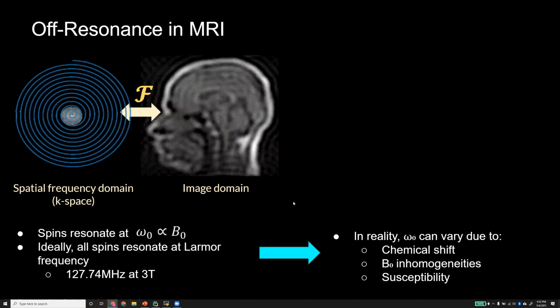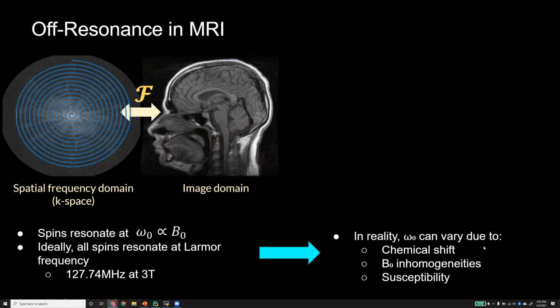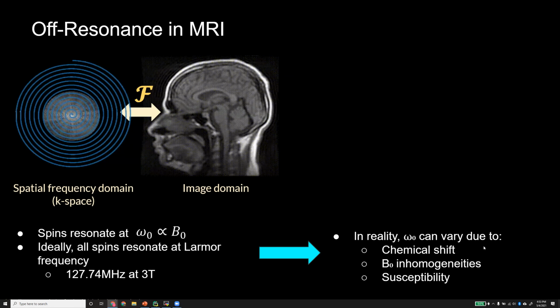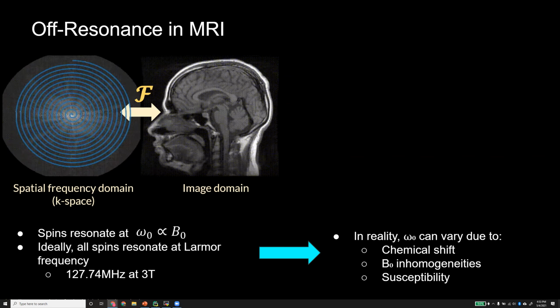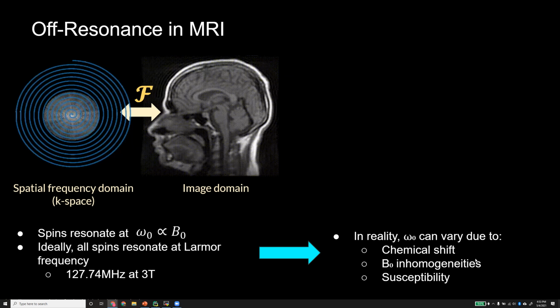However, in reality, the resonance frequency across the sample can vary due to several different factors, including chemical shift, where protons in molecules that are not water, like complex molecules such as fat, are excited. Also B0 inhomogeneities and susceptibility effects.